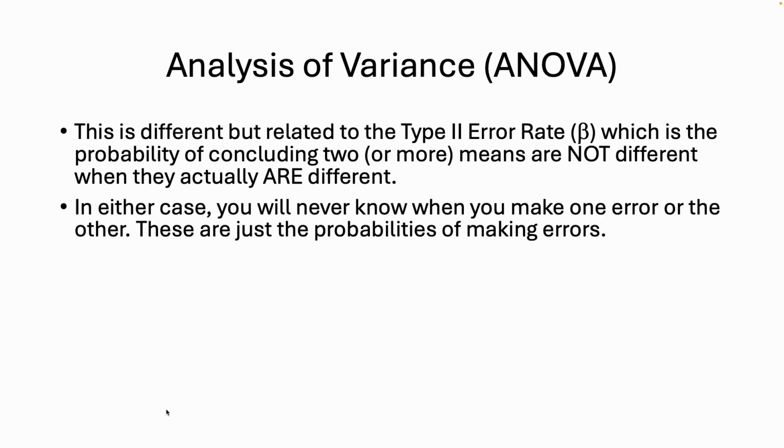This is sometimes easier to think about in terms of an example, but in either case, you'll never know when you make one error or the other. These are just probabilities of making errors.